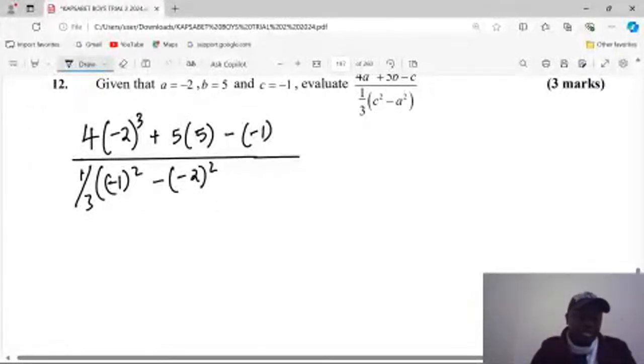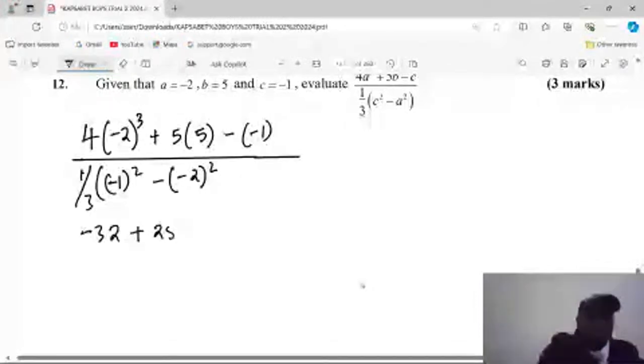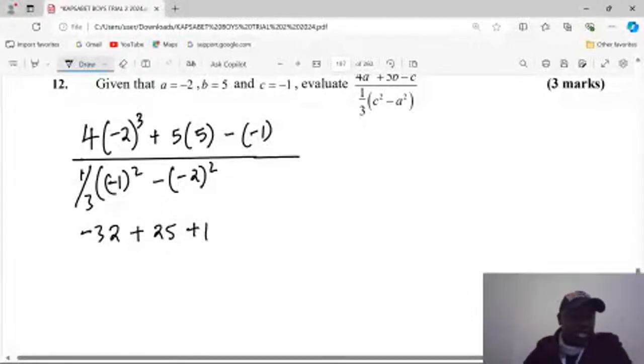-2 power 3 will be -8. This must be multiplied by 4 to give us -32. Then we add 25. Then minus -1 becomes a +1. That is on the numerator.